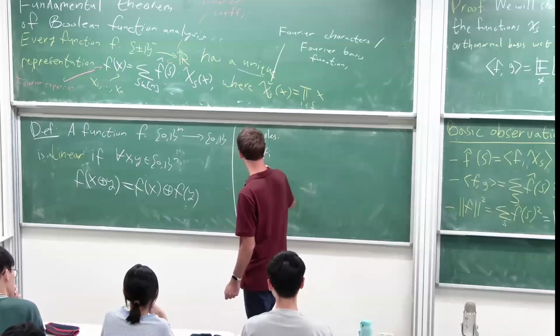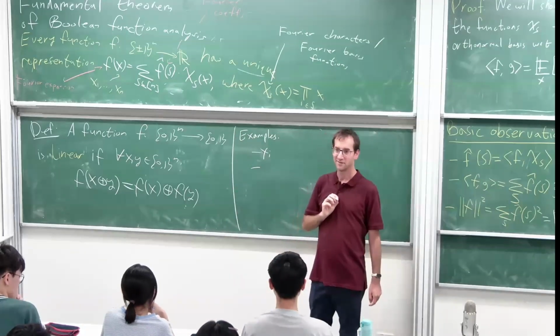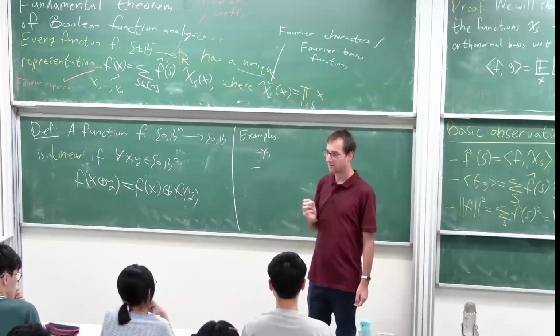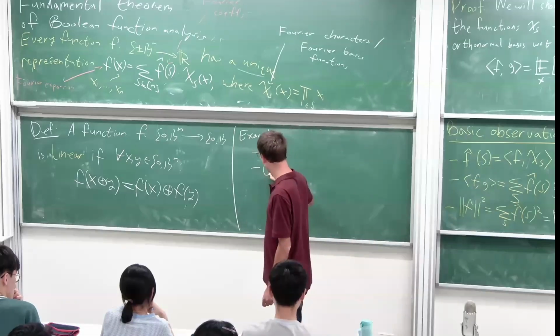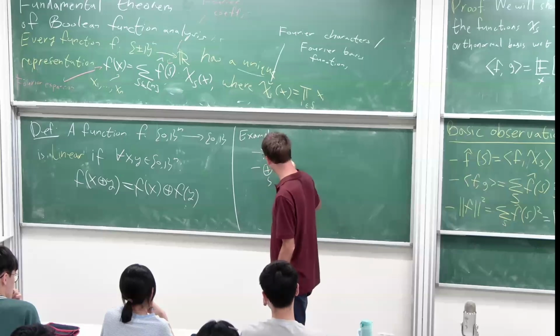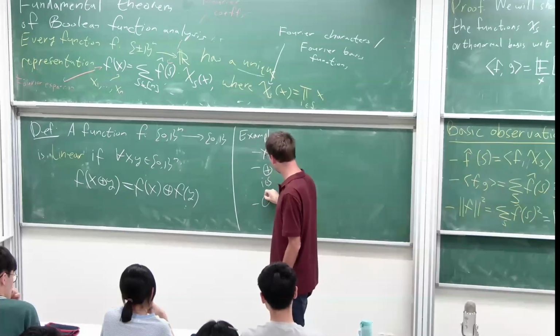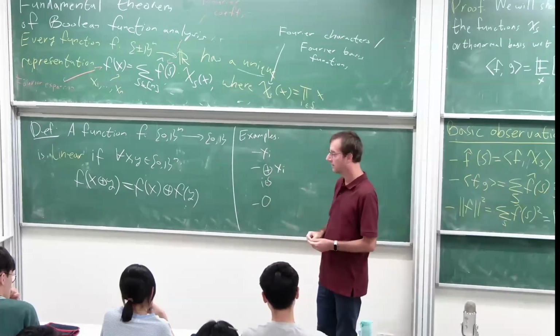Okay, the other examples? Sum of linear. Now we can take any sum of size, or we can take 0, which is a special case.